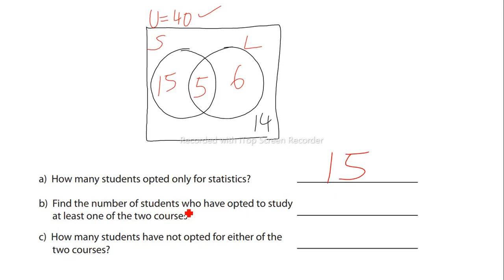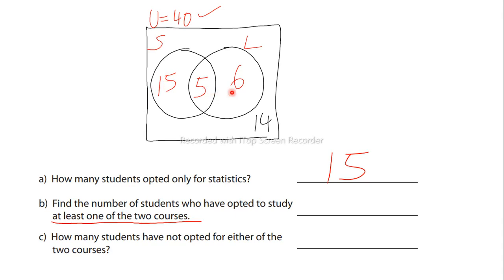Find the number of students who have opted to study at least one of the two courses. Would that be 21? No, not 21. Close though. Is it 26? 26. When they say find the number of students who opted to study at least one, all they're saying is tell us what is 15 plus 5 plus 6.